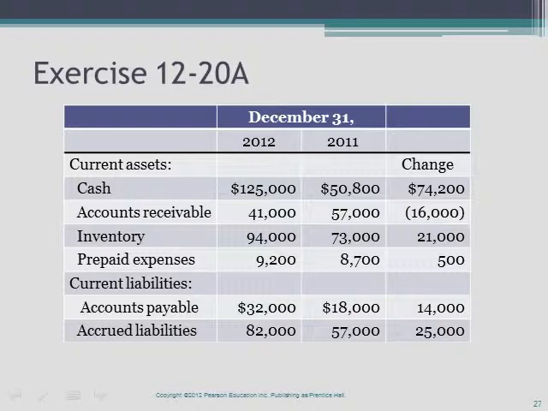To get ready for the operating activities section, compute the increases and decreases in the current asset and liability accounts. Here we see that there is a change in cash between 2011 and 2012, an increase of $74,200. There is a decrease in accounts receivable from $57,000 in 2011 to $41,000 in 2012, and so on for each of these current asset and current liability balance sheet accounts.